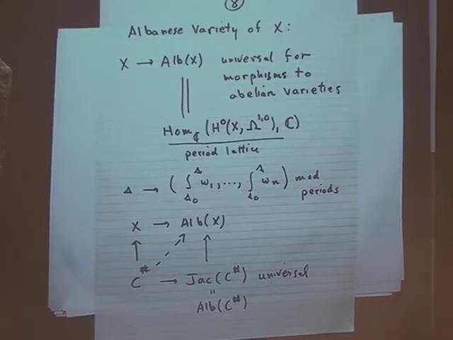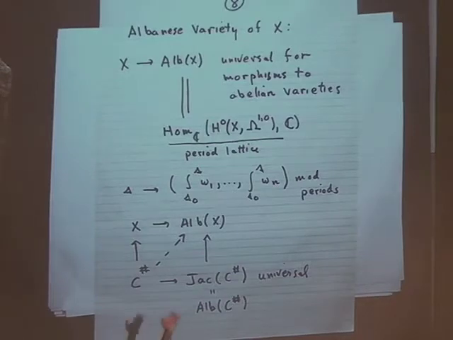And a way to do it, it's very concrete, in fact, is you take the global holomorphic 1-forms on your X. And imagine that omega 1 through omega n are a basis for those. And then you fix a base point, s_0, on X. And you map a point little s on X to the vector you get by integrating those forms along some path from the base point to s.